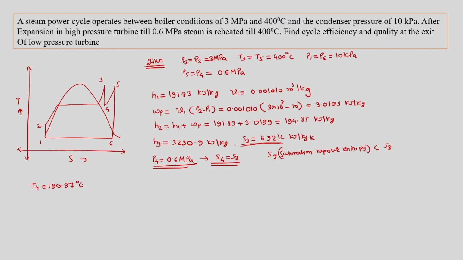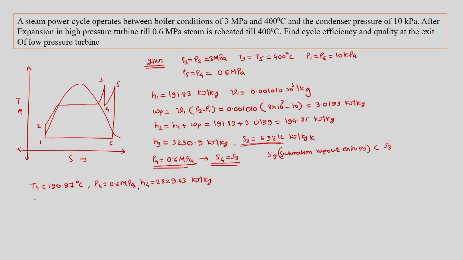We get T4 equal to 190.97 degrees Celsius. Since P4 is 0.6 megapascal, at that location we can find H4, and H4 turns out to be 2829.63 kilojoule per kg.